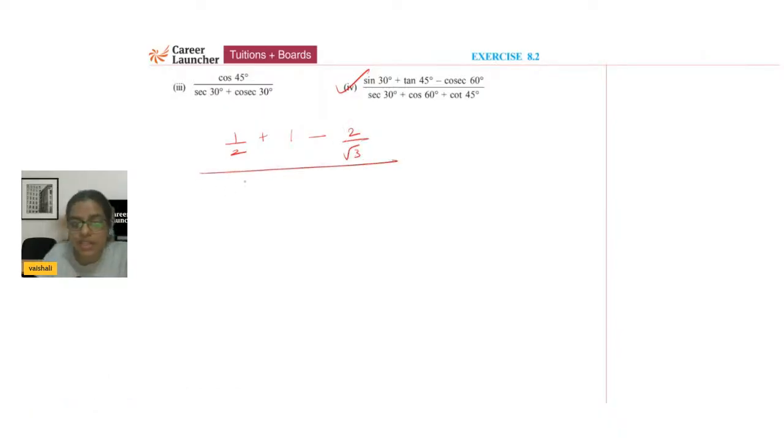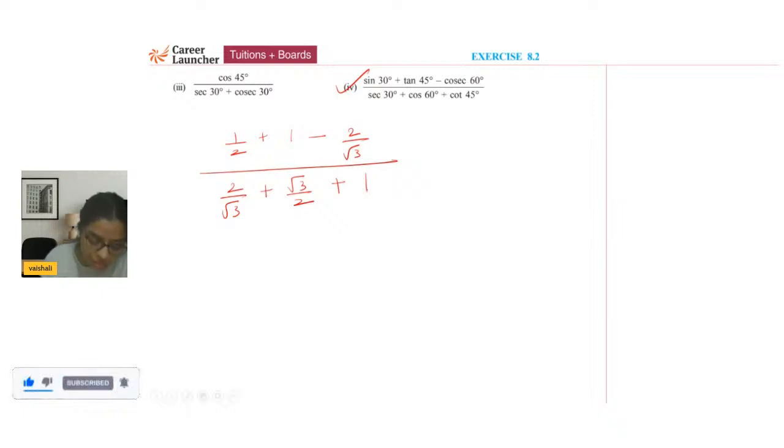And then we have secant 30, this is also the same, plus cosec 60 and plus cot 45. So this is what my expression is looking like. And now the next task is to simplify this as much as we can. Right? Yes, this is 1 by 2.